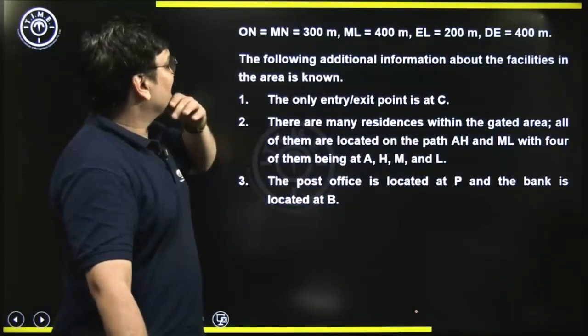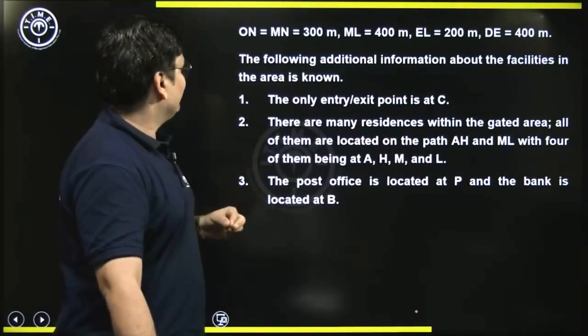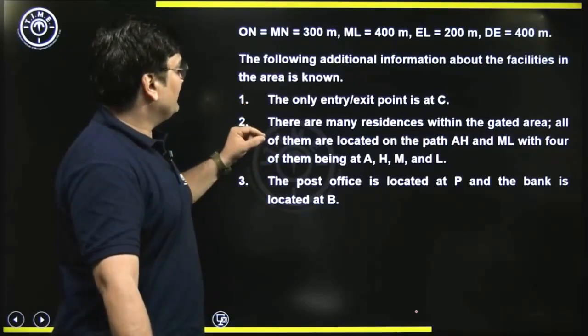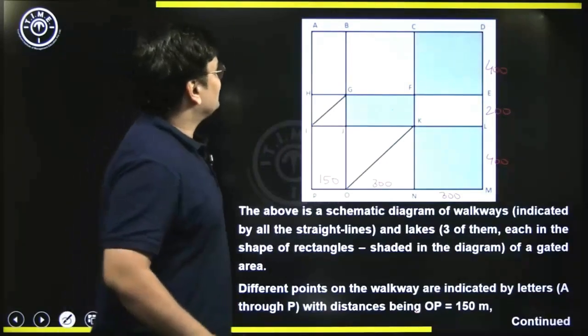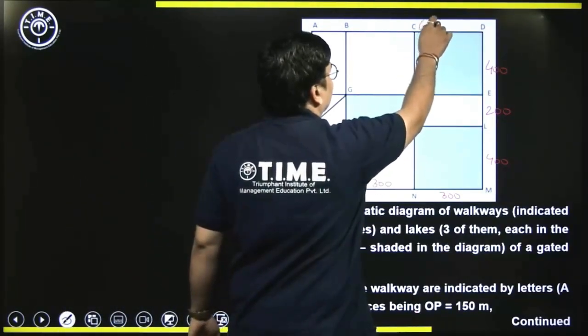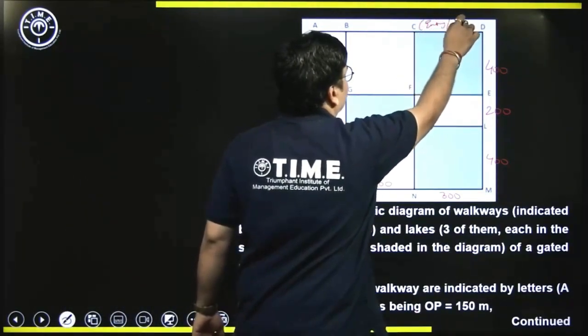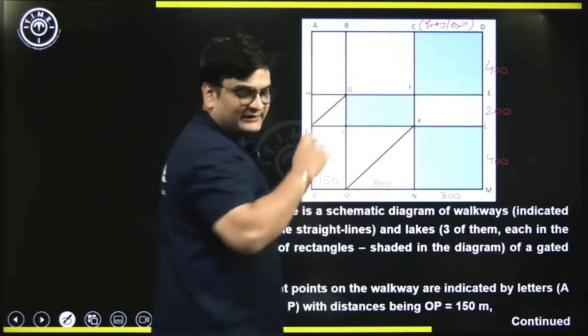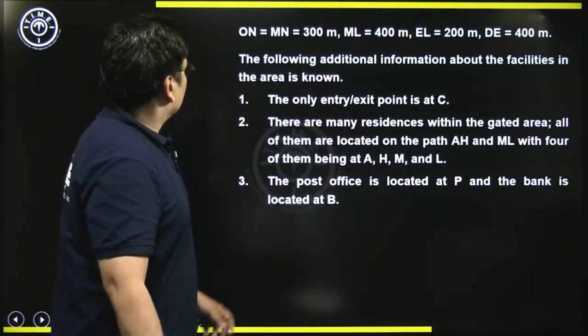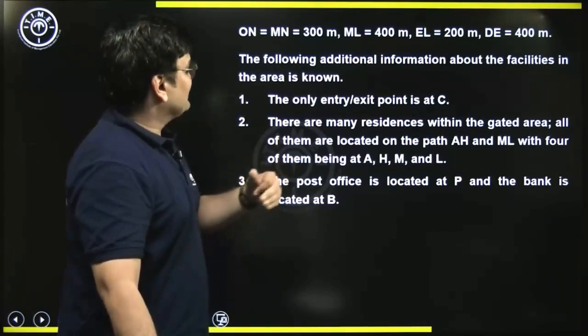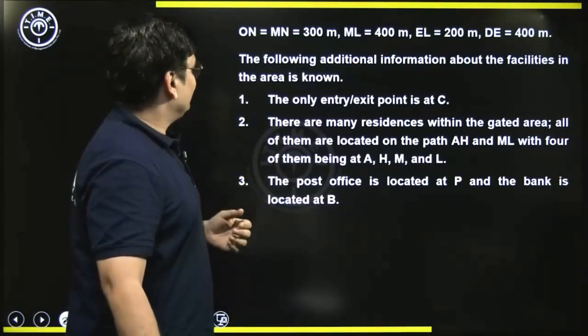The following additional information about the facilities in the area is known. Point number 1, the only entry exit point is at C. So, this is the only entry or exit point. Second point, there are many residences within the gated area.